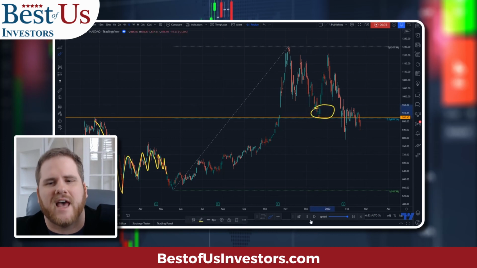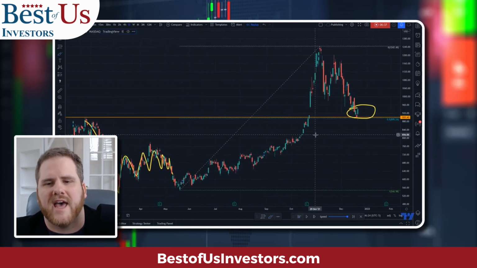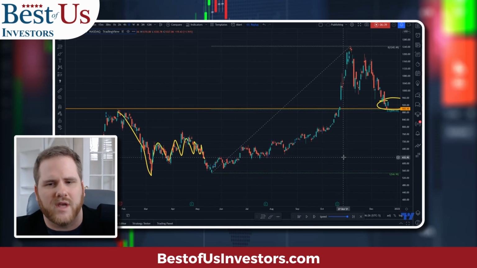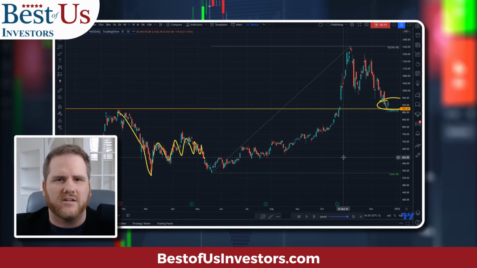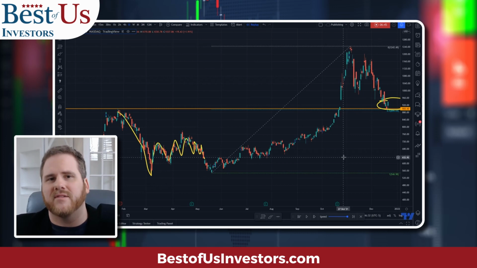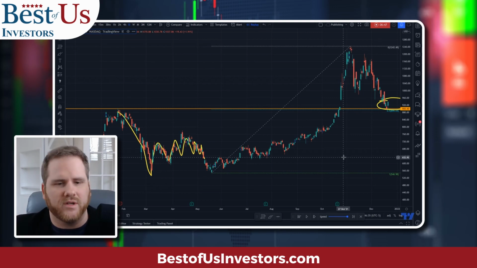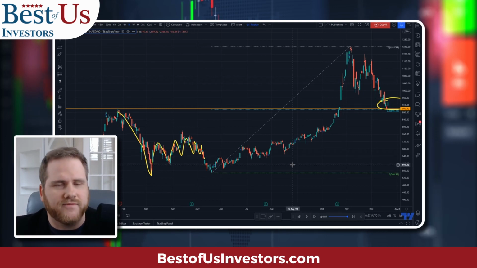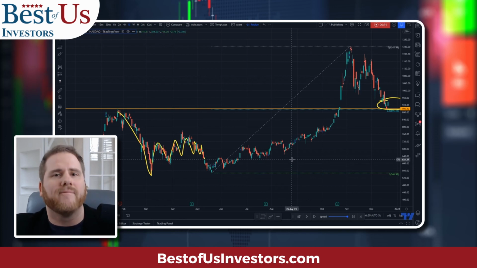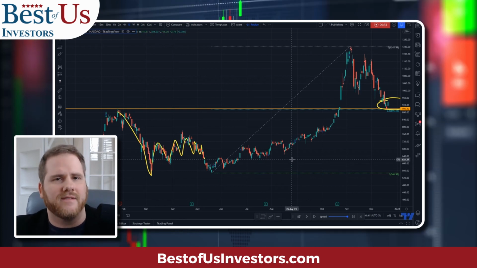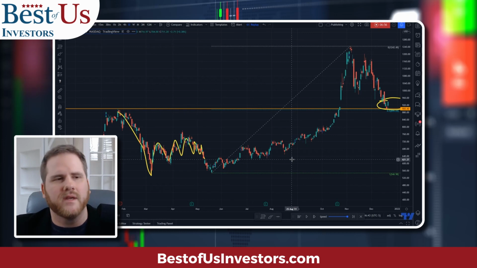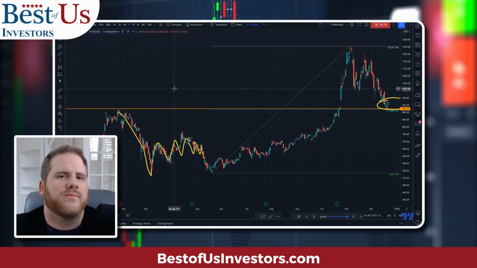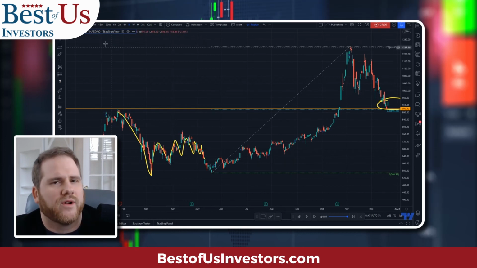But that is how key that level can be when you have a 50% retracement backed up by some past price action. There's a lot of stocks out there that are doing this right now because you have the COVID low defining a lot of these long-term trends, followed by an all-time high that they've done in the last maybe 2 quarters. Let's look at an example of when this doesn't work.